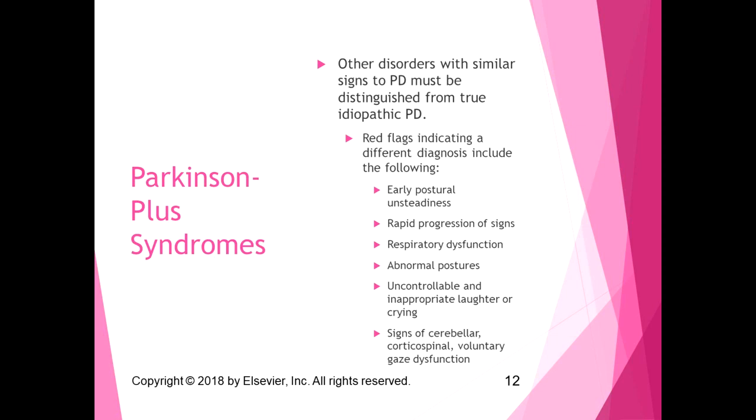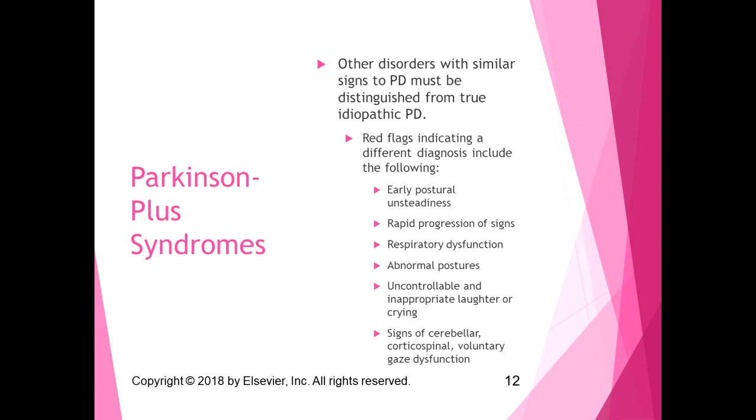Rapid progression of signs. So people with Parkinson's Plus syndromes have much more rapid progression of signs. Respiratory dysfunction in some of them, abnormal postures, uncontrollable and inappropriate laughter or crying. So there's some emotional component, or signs of cerebellar, corticospinal, or voluntary gaze dysfunction.